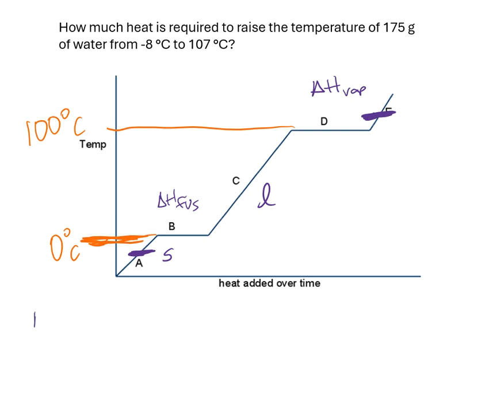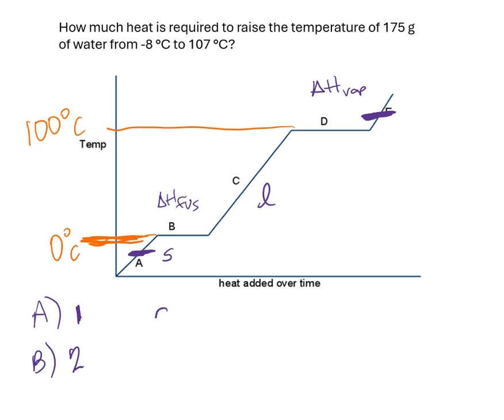For part A, we're going to use that first equation, which was just the heat is equal to the mass times specific heat times change in temperature. And then in order for the solid to be melted, we have to undergo the fusion. So you'll see your second equation, your mass times your heat of fusion. And then that means that our solid has been transformed into liquid.